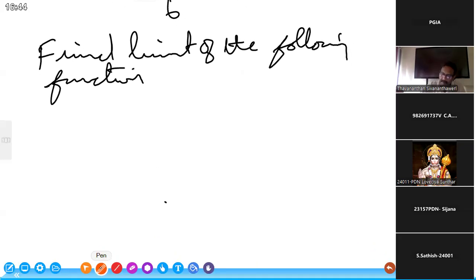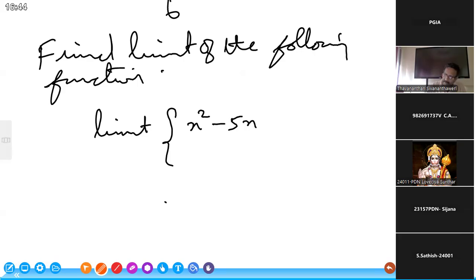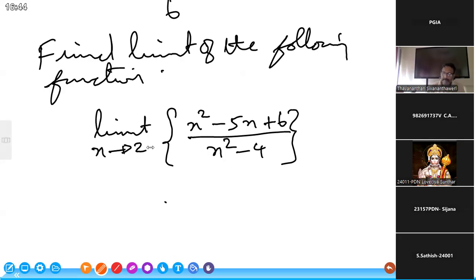Limit of the function x square minus 5x plus 6, divided by x square minus 4, when x reaches 2. Find out the limit. Okay, carry on.